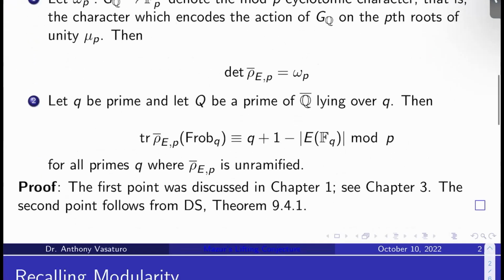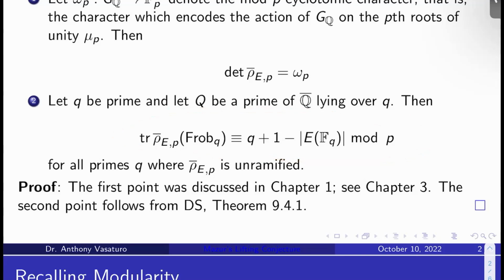We'll let q be a prime, and let big Q be a prime of Q bar that lies over q. Then the trace of rho bar E,p at the Frobenius at Q is equivalent to q plus 1 minus the number of F_q points on E mod p, for all primes q where rho bar E,p is unramified, so that means trivial on inertia. Another way of thinking about this, essentially by Néron-Ogg-Shafarevich, is that this should be true for all primes q of good reduction.